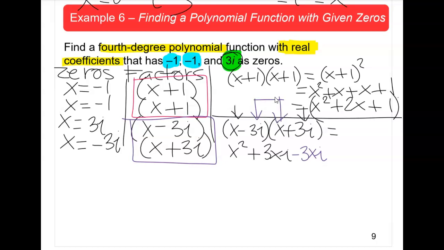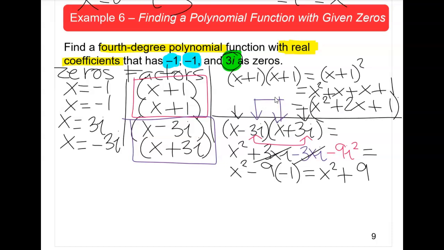And then at the end, I'm going to have to multiply negative 3i times positive 3i, so it's going to be negative 9i squared. So you could see that the two terms in the middle will cancel out because they're opposites. And now we just have x squared minus 9i squared, and then i squared is replaced with a negative 1. By definition, that's what it is. So this is x squared plus 9.